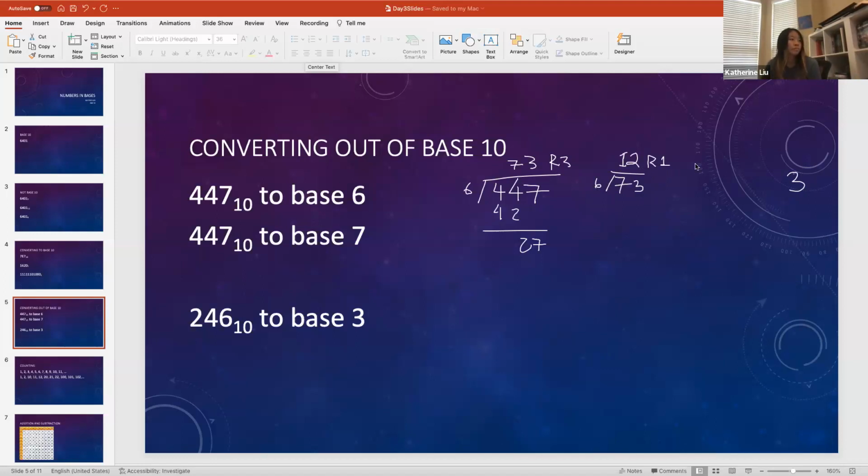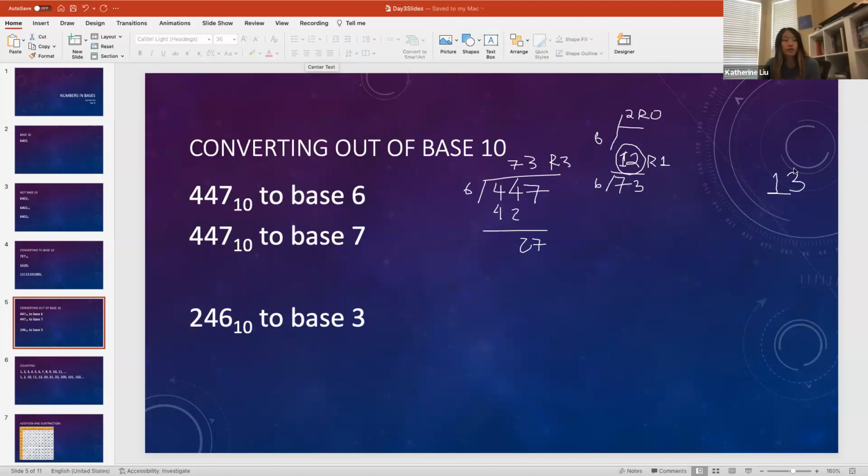So we're gonna have a 1 because we write down the remainder, and then we'll take the quotient. From this 12, if you divide it, it's gonna be 2 remainder 0.